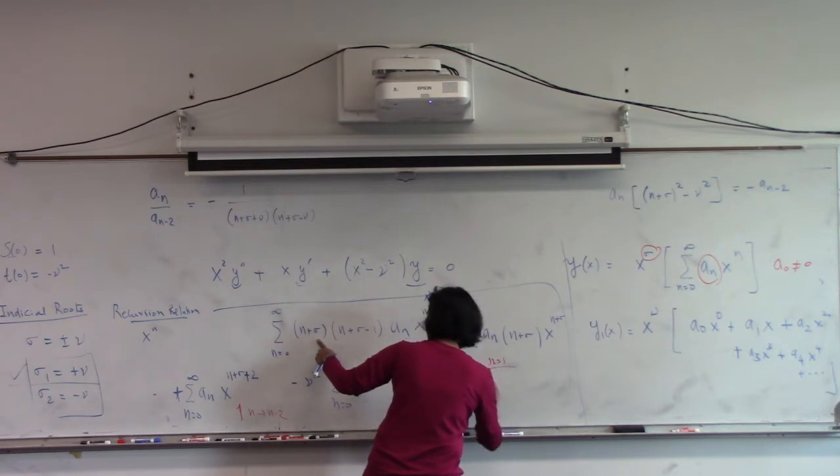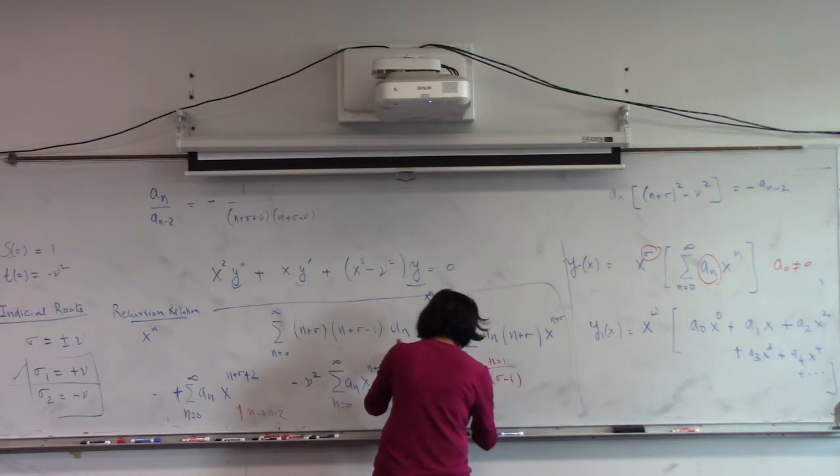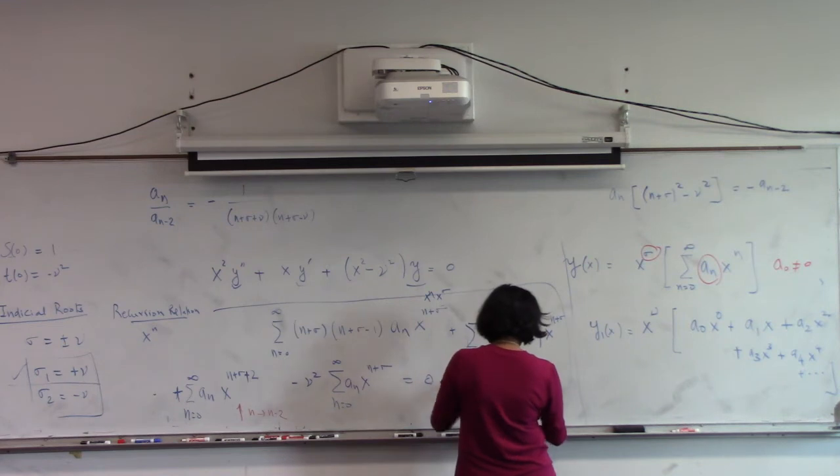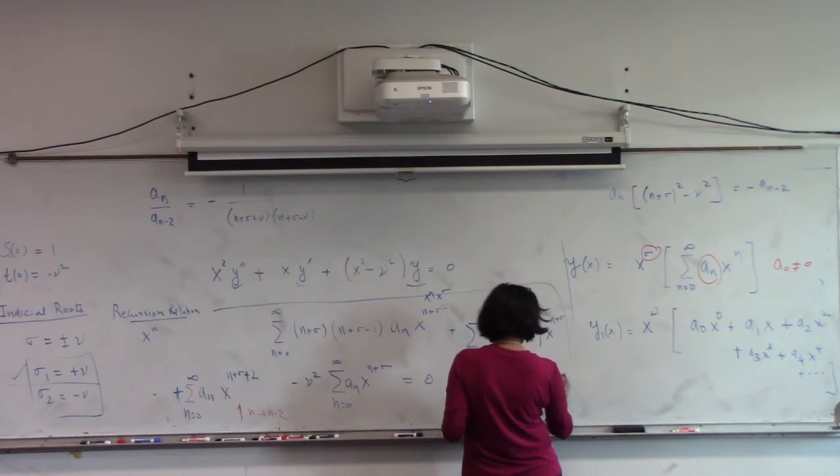I have sigma minus 1, right? I want to say something about the coefficient A1, and I'm looking at power x, then I have plus n equal to 1, sigma plus 1.